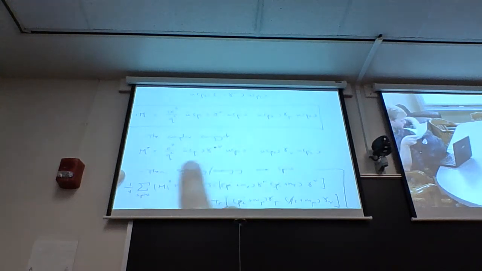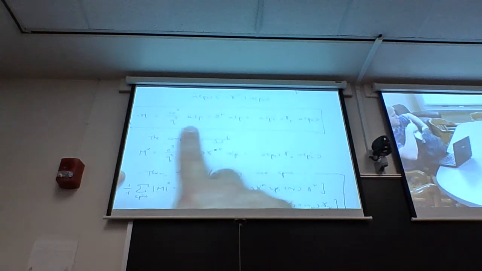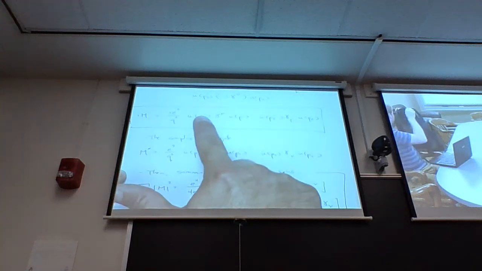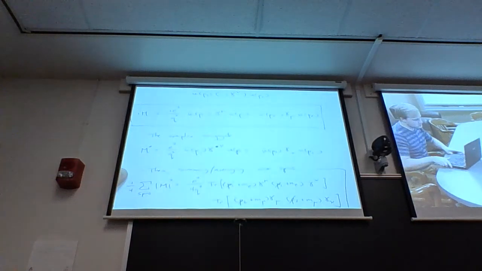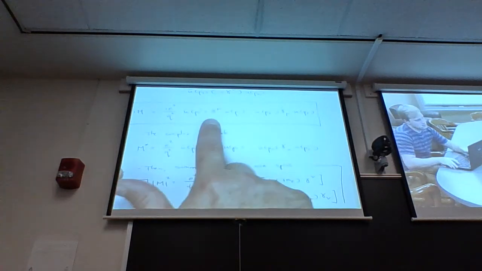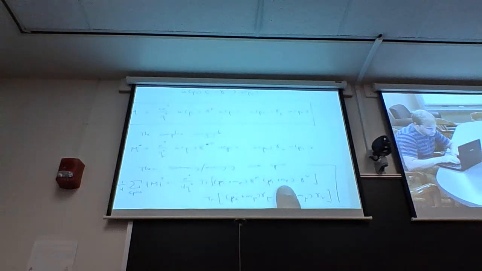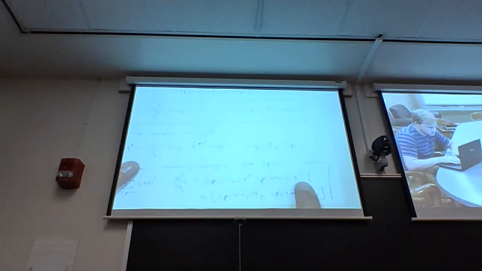Okay? And so when you do that, you can see that, for example, this piece is going to give you a p1 prime slash plus m_e, right? And gamma nu, p1 slash plus m_e, and then gamma nu, coming from here. Okay?